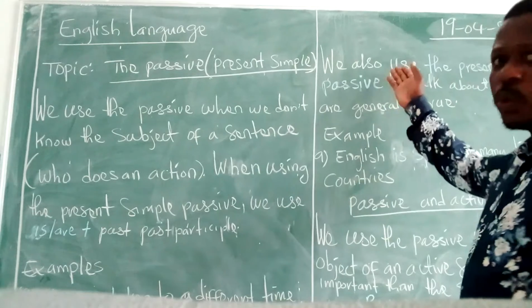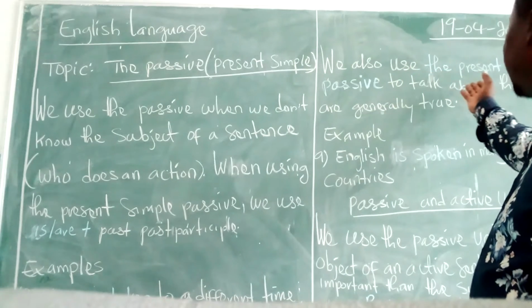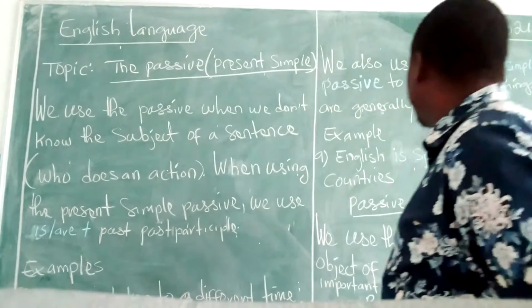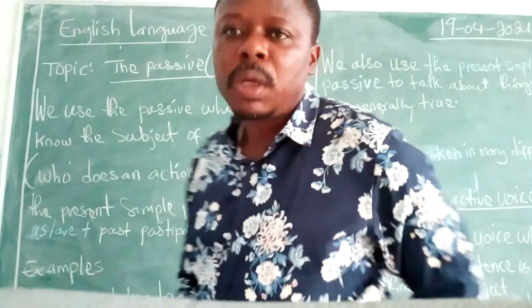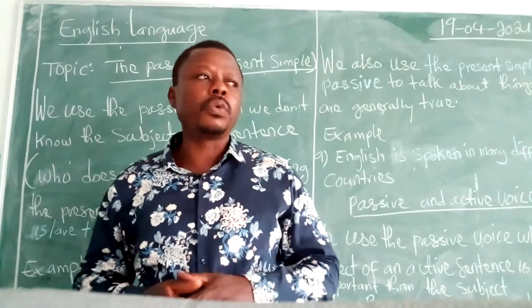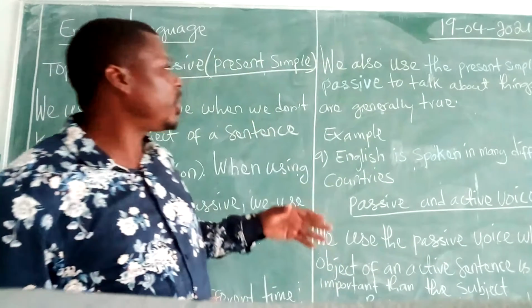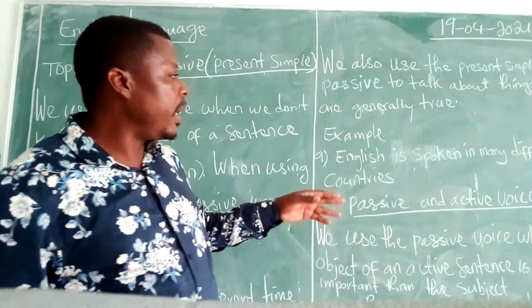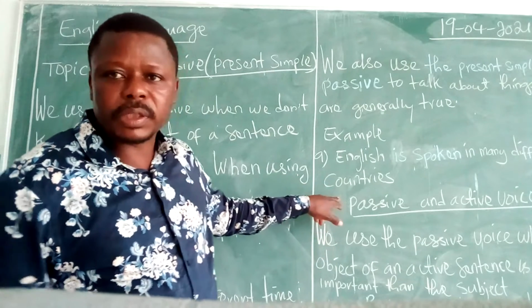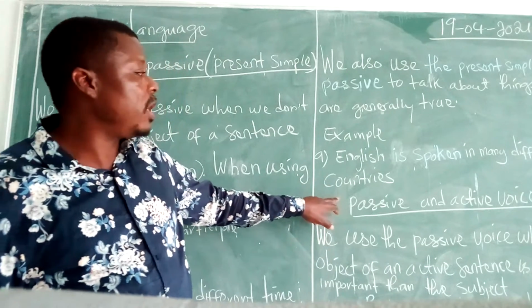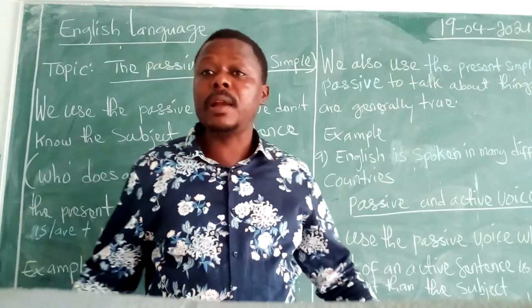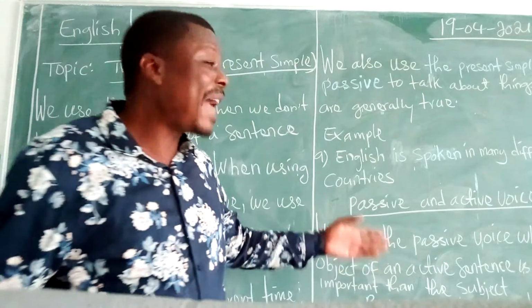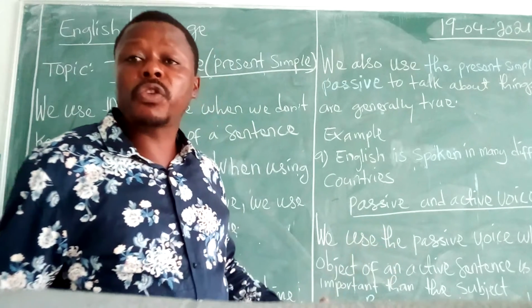We also use the present simple passive to talk about things that are generally true. For instance, English is spoken in many different countries. It's a reality, generally true. Cars are driven on roads.